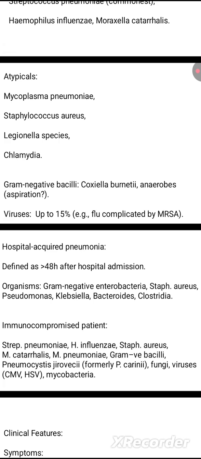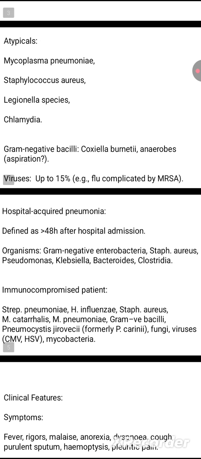Gram-negative bacilli like Coxiella burnetii and anaerobes can be responsible if there is aspiration. Viruses can cause up to 15% of it, especially flu complicated by methicillin-resistant Staphylococcus aureus.